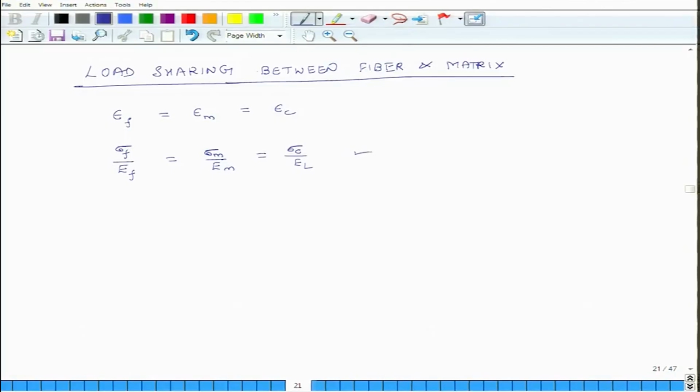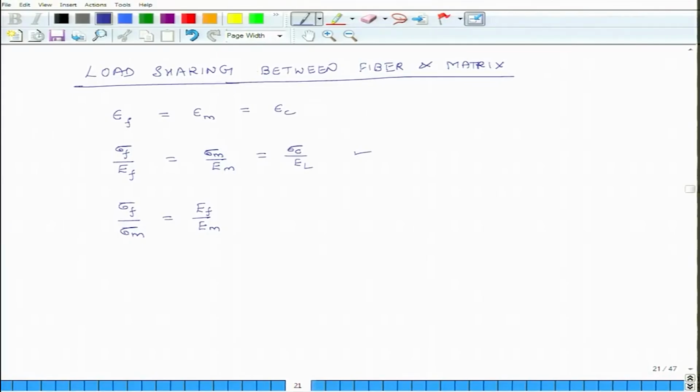Now, this is based on the fact that fibers are perfectly bonded to the matrix, and when you pull them, the amount of extension the fiber experiences is the same as the amount of extension the matrix experiences. So, from this you can write sigma f over sigma m equals Ef over Em. So, the stress being handled by the matrix and the stress being handled by the fiber are in the ratio of the Young's modulus.